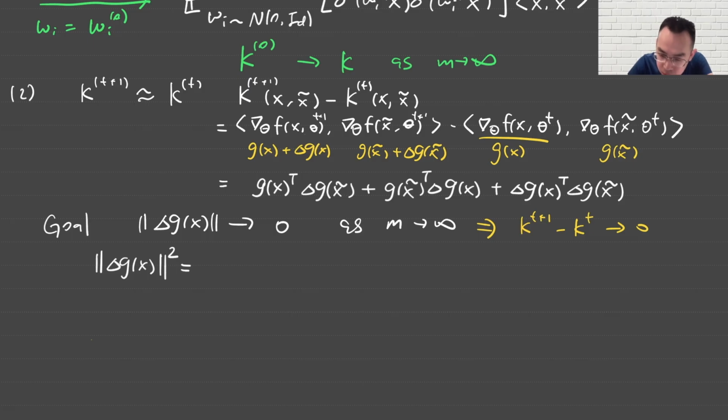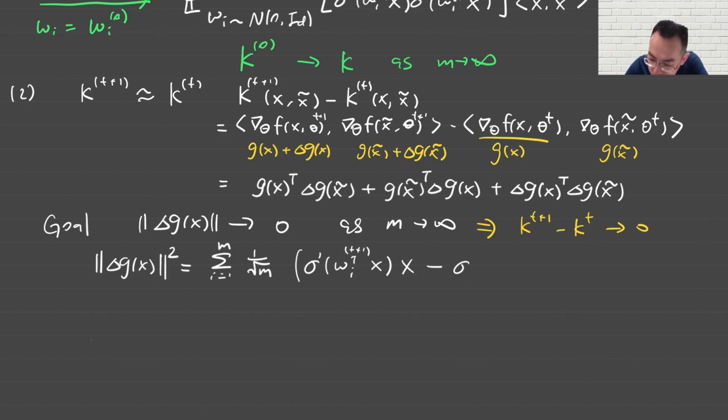That's going to give us the sum over all the neurons, and then we'll have the square root of m, and then sigma prime of w transpose at step t plus 1 times x, multiplied by x, and then we subtract the same thing but at step t, times x, and then we multiply that by x again.